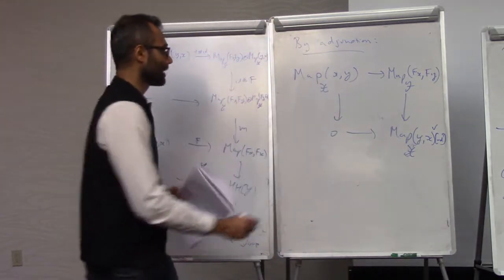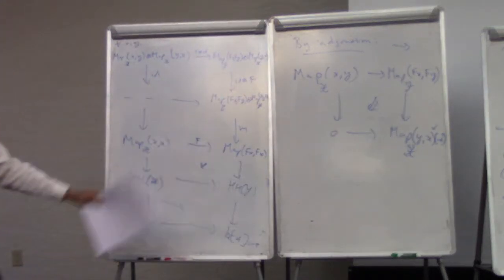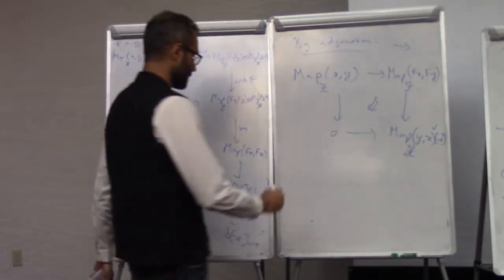So I get a square like this. And the non-degeneracy condition is that this should be a homotopy pullback square.